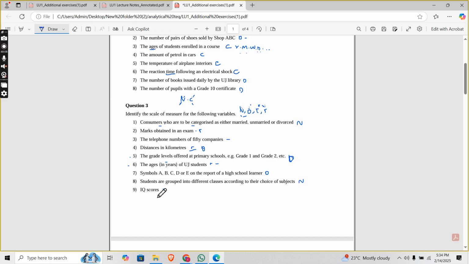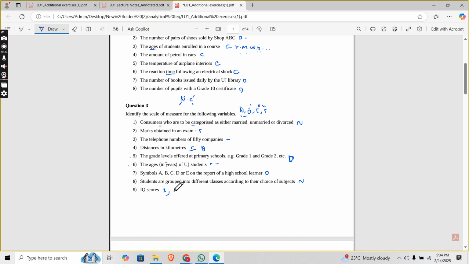Number 1, it's because 0 is an arbitrary reference point. If you have 0 IQ, it does not mean you do not have a mind or you don't think at all. Number 2, the differences between variable values are meaningful.